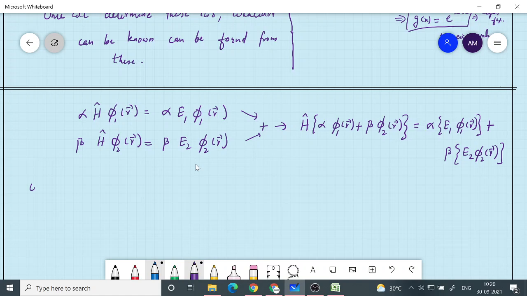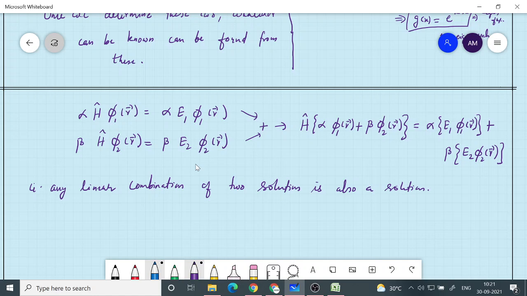Okay, so any linear combination of two solutions is also a solution. That is what superposition means.